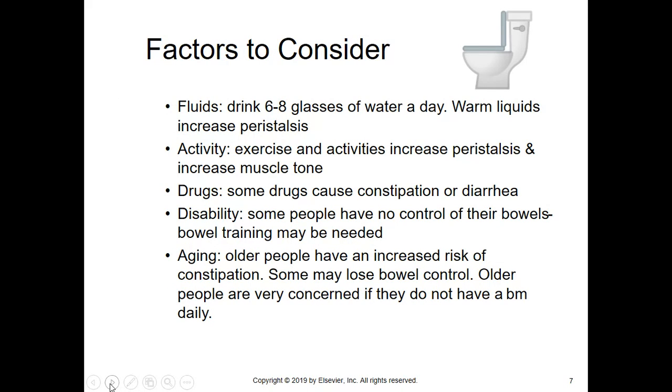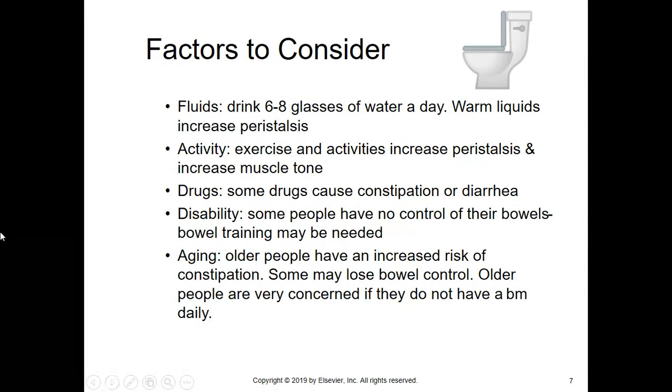Other things that you need to consider. Your patient should have 6 to 8 glasses of water a day. So should you. The more water you take in, the softer it is for your body. The easier it is for your body to pass the bowel movements, and the softer your stool will be. So keep yourself hydrated. It seems like warm liquids, like hot tea, hot prune juice, even coffee, will stimulate the movement.